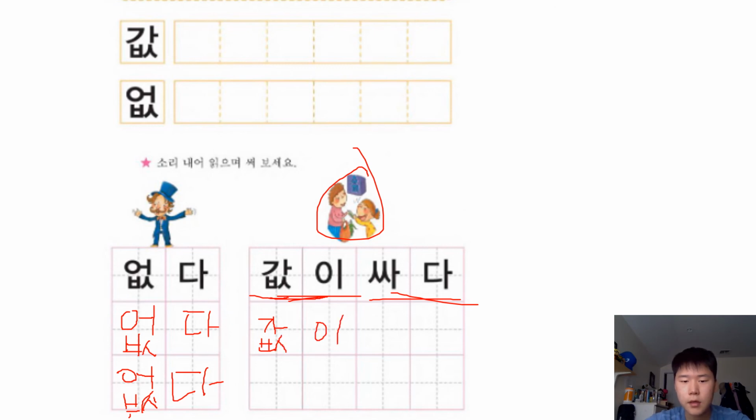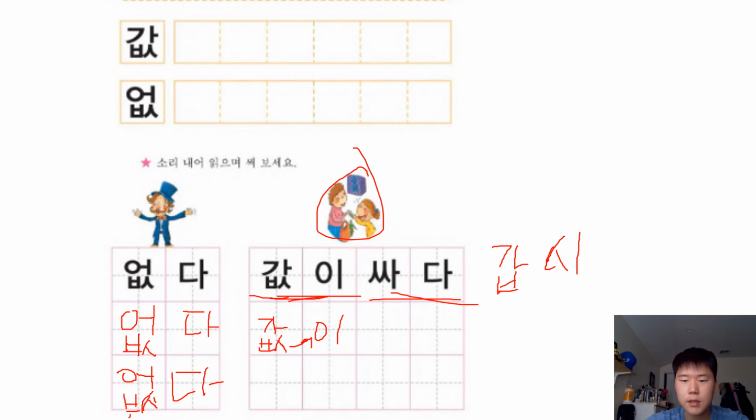When there's a 이응 over here, the 시옷 gets dragged, right? So it kind of sounds like 값, right? 시.